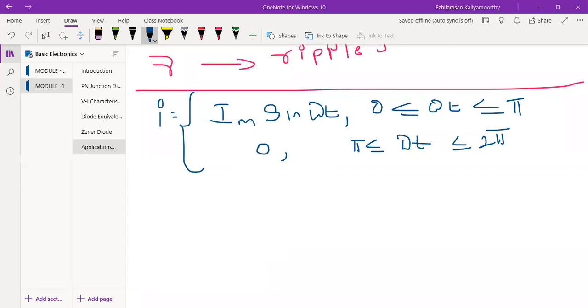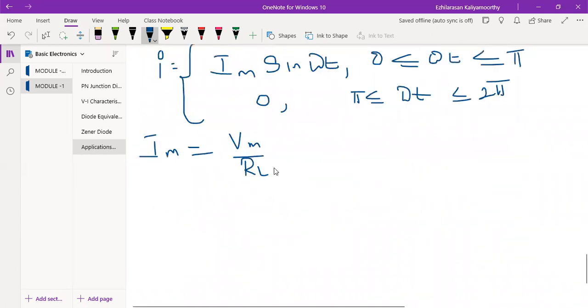Now what about the peak current, that is Im? As per Ohm's law, Im is equal to Vm by R, that is RL, because here it is the load resistance.